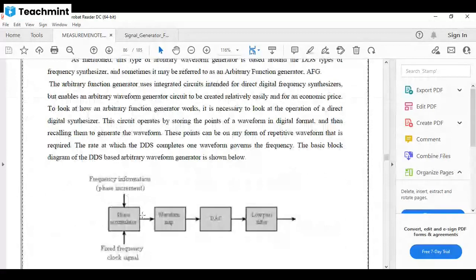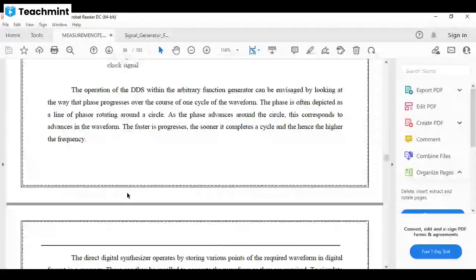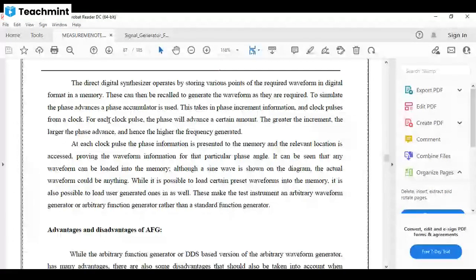This is the phase increment information, and this is the fixed frequency clock signal. For each clock pulse, the phase is advanced by a certain amount. The greater the increment, the larger the phase advance, and hence the higher the frequency generated. At each clock pulse, the phase information is presented to the memory, and the relevant location is accessed, providing the waveform information for that particular phase angle.